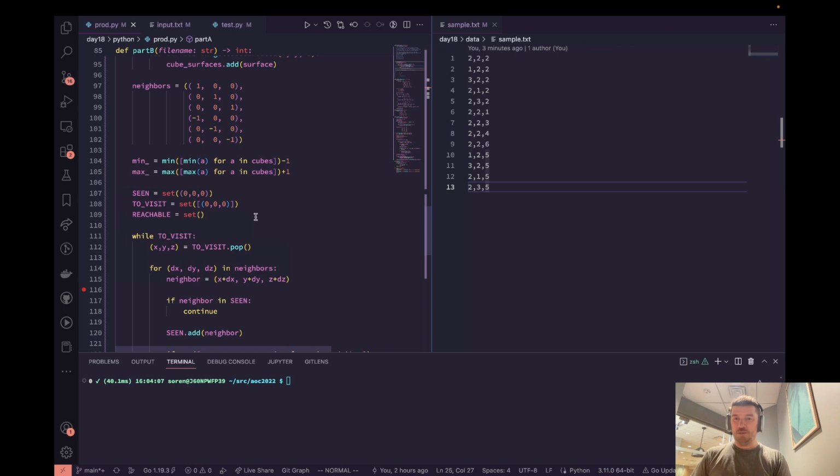So I create some sets, and I initialize the toVisit set to be at 0,0,0. That should have probably actually been min rather than 0,0,0.